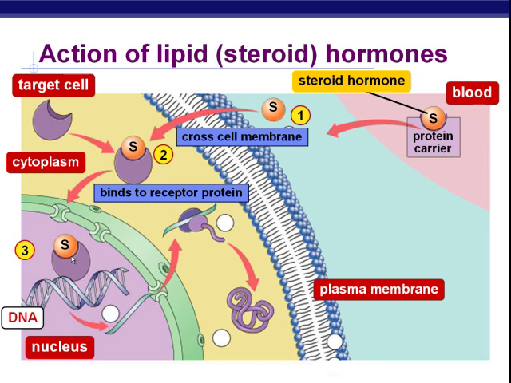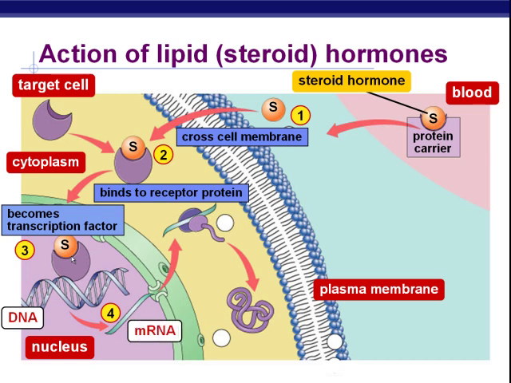Transcription factors are the things that hook on to the appropriate promoter, the appropriate TATA box, and tell the RNA polymerase, hey, over here, this is where you need to start transcribing this particular gene. We need it now. And so once that happens, the steroid has become essentially a transcription factor. Then mRNA is allowed to be created. Once mRNA is created, it's read by the ribosome and translated into a protein.